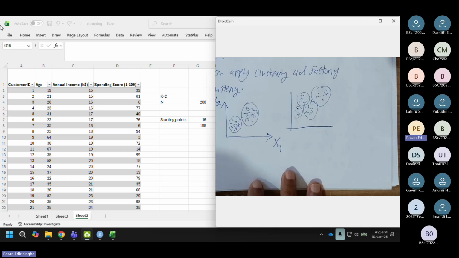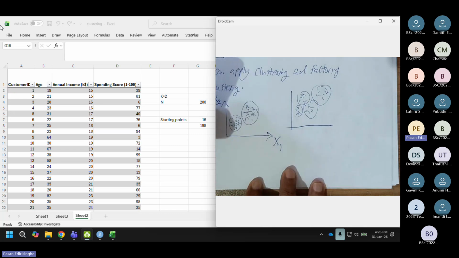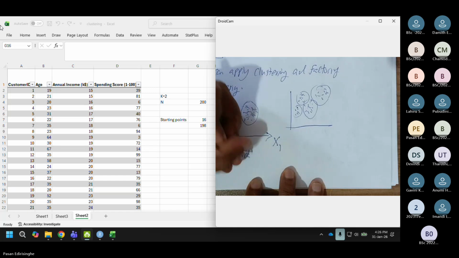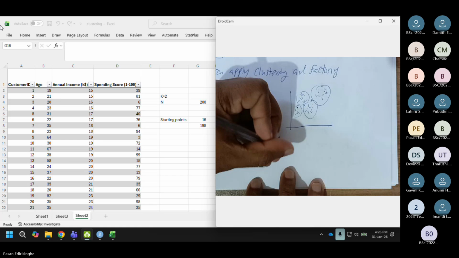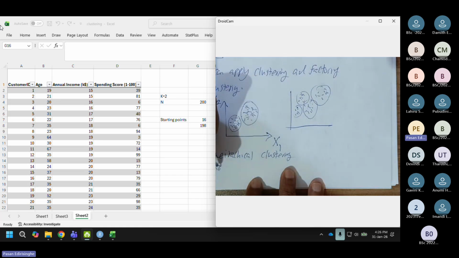But if you think about clustering, we have the two techniques: hierarchical and non-hierarchical.